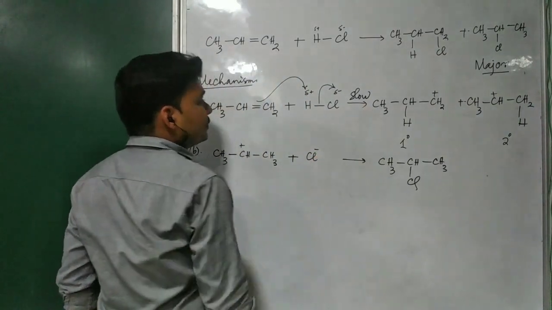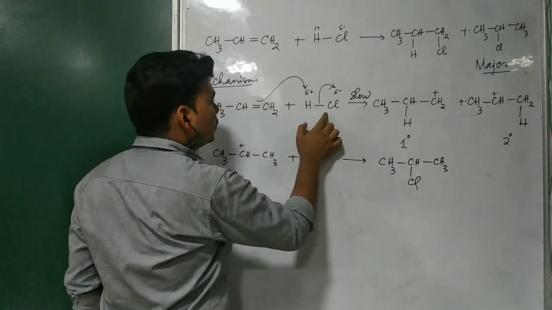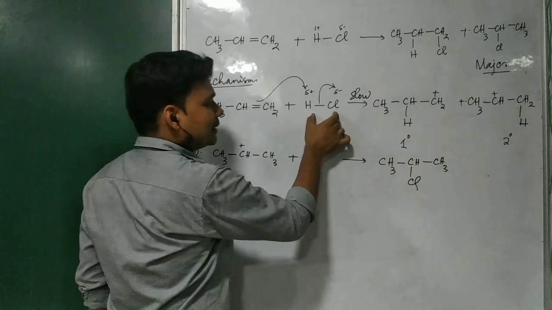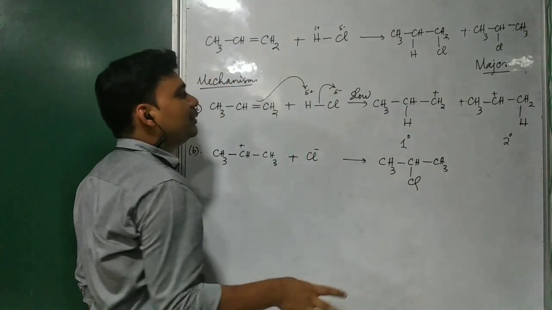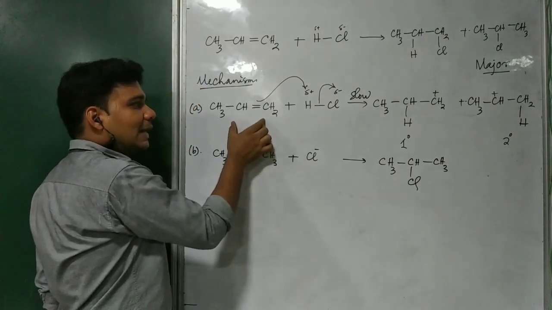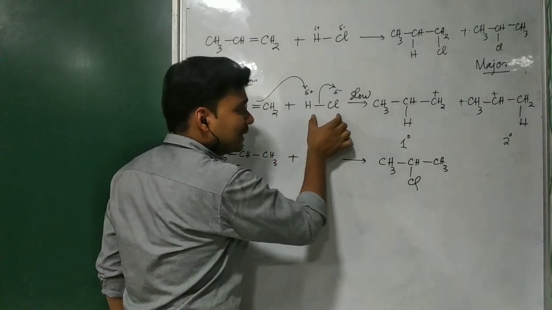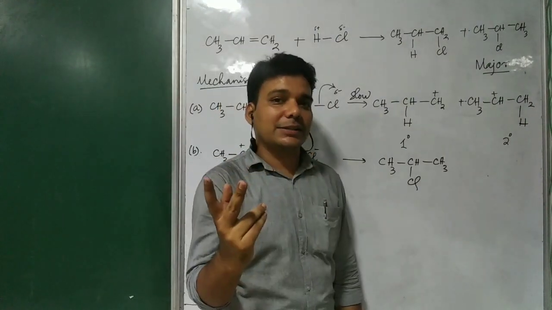In this step, as two species are involved, one is your alkene and the second one is the HX molecule, the rate of this reaction will be influenced by the concentration of two species, alkene and HX. That's why this is a second-order reaction.